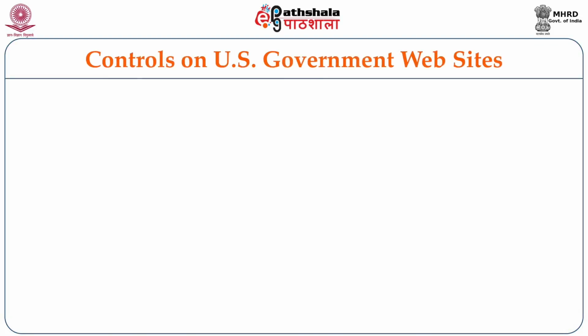Next, we want to talk about controls on US government websites. These privacy policies are important because they define the concept in a particular setting and specify what should or will be done about it. The Federal Trade Commission has jurisdiction over websites, including those of the federal government.